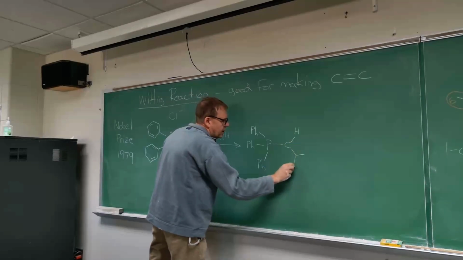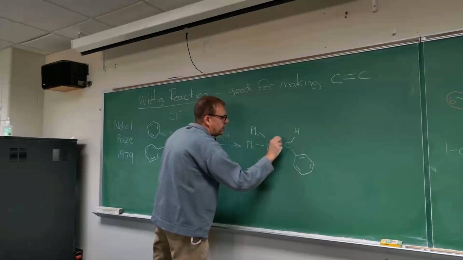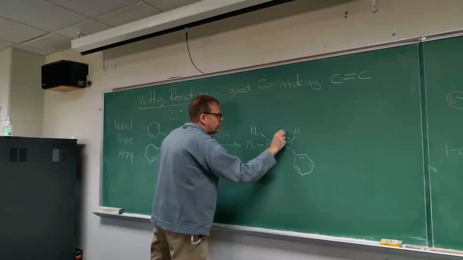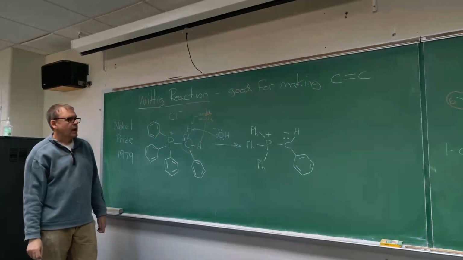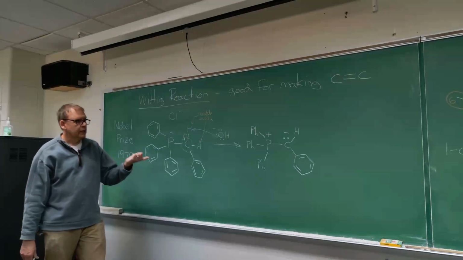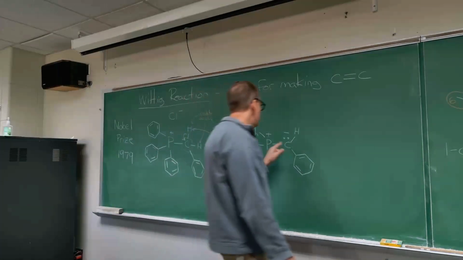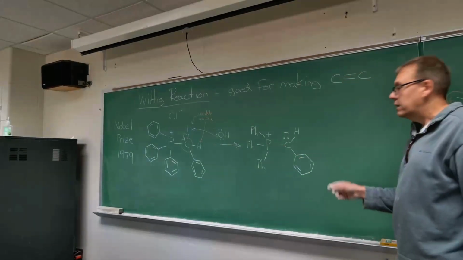Except for this one. I'm going to draw this one out just to keep track of it. So that gives this species. So we've deprotonated the phosphonium salt and we have this thing. And now this is charge neutral because the molecule has a positive and a negative charge within it.